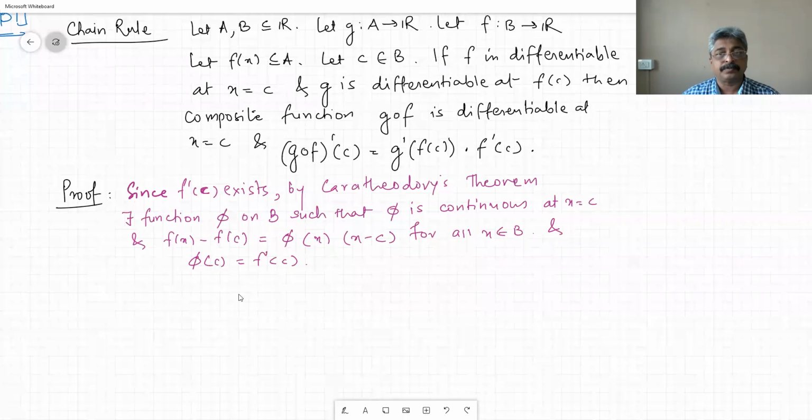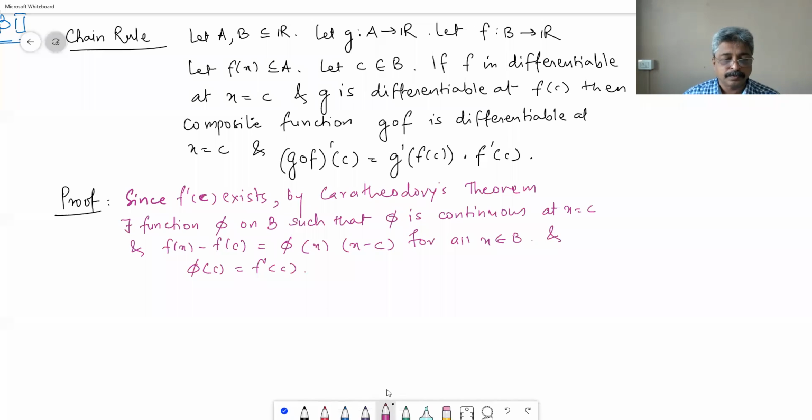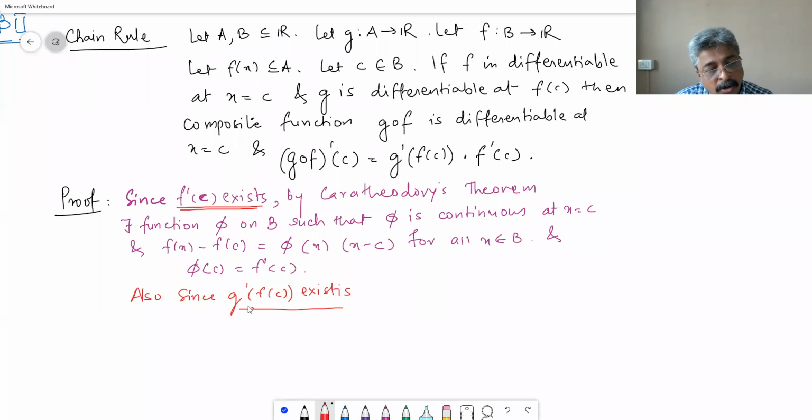Also, since g dash of f of c exists, now this is part 1 of Carathéodory's theorem. Part 1 of Carathéodory's theorem: g dash of f of c exists.